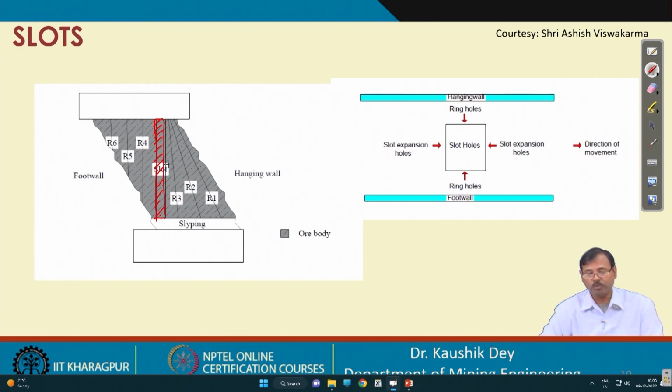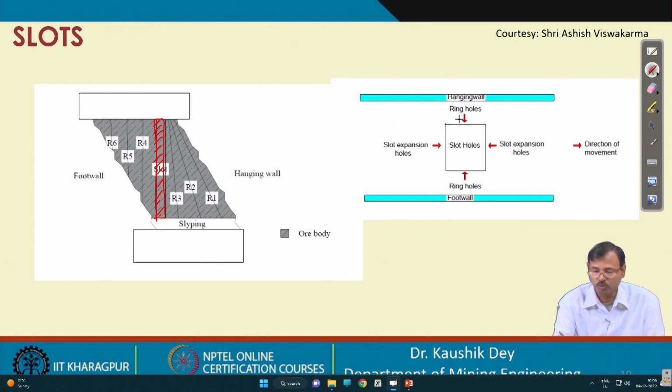So, this is the formation of the slot, and that is why the slot has to be designed very carefully. Often in the case of a slot, a combination of small blasting is carried out, then the ring blasting is carried out at full face. So, this is the plan view of the slot position.